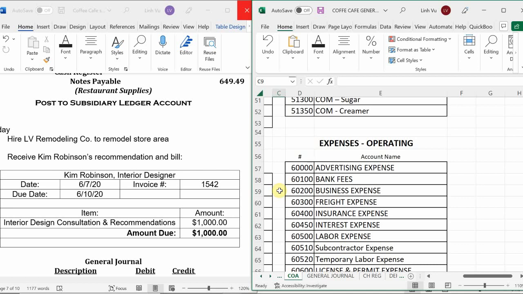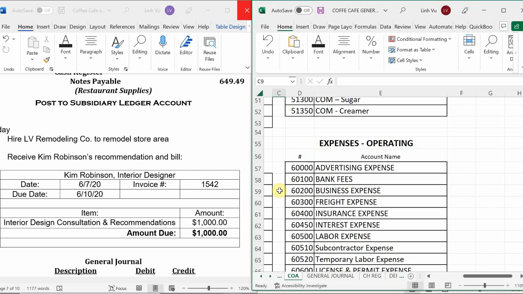Now, in this case, did we hire her to do any work? We hired her, but would she be like a 1099? She didn't do any work. Well, she did consulting. Is that physical labor? No. So remember, this is a labor expense if we hired someone to do a job, like to actually complete a job.